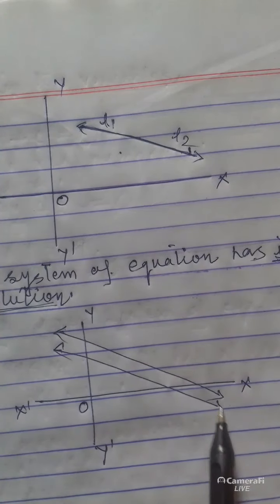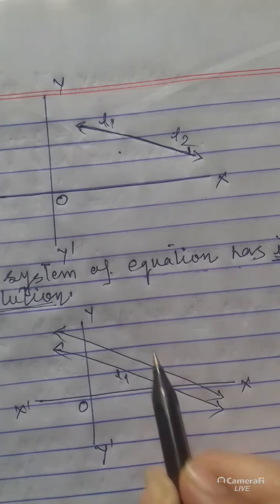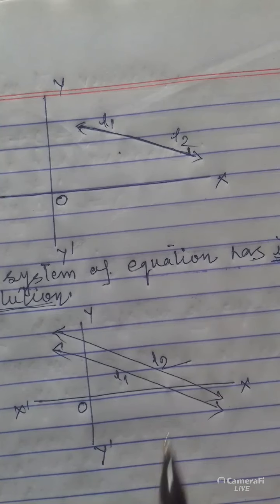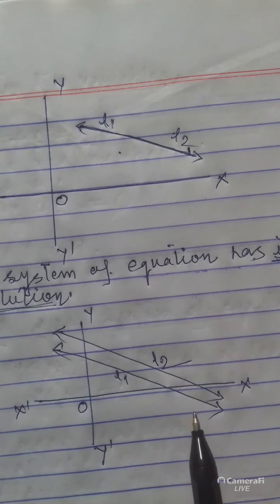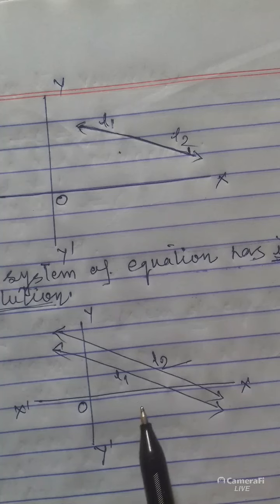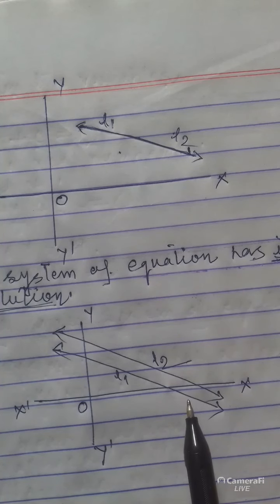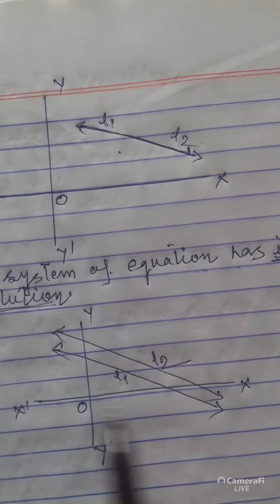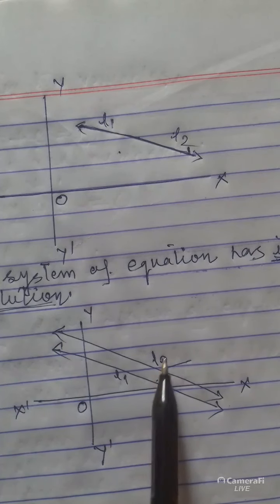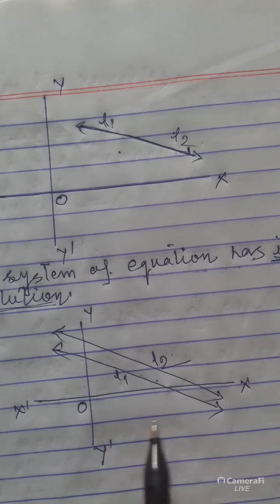Two graph lines are parallel to each other, which means there is no common solution of the given system of equations. There is no common solution if two graph lines are parallel to each other. So the given system of equations has no solution.